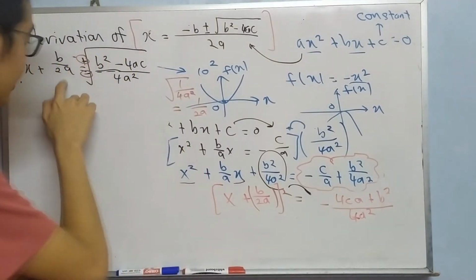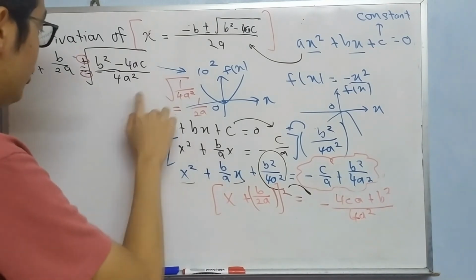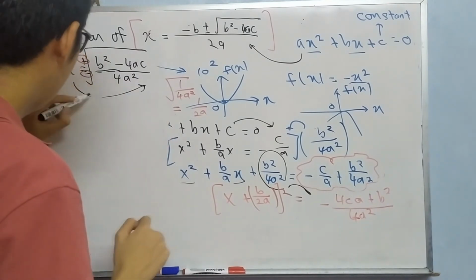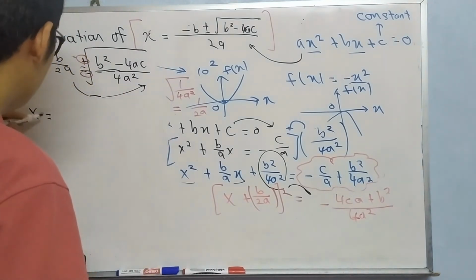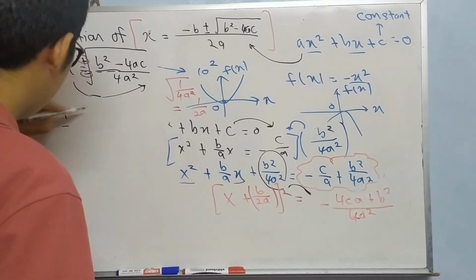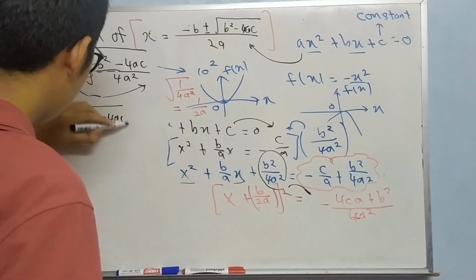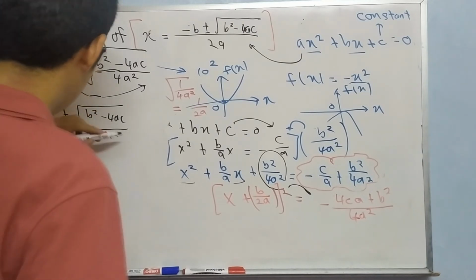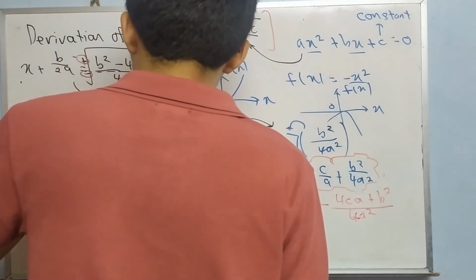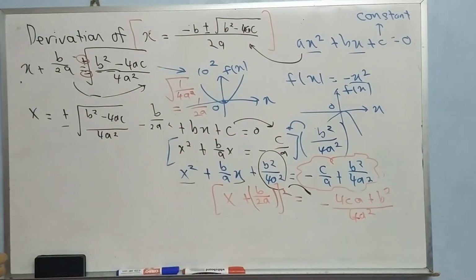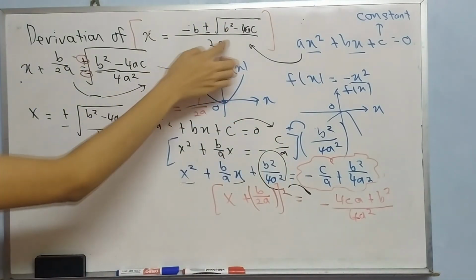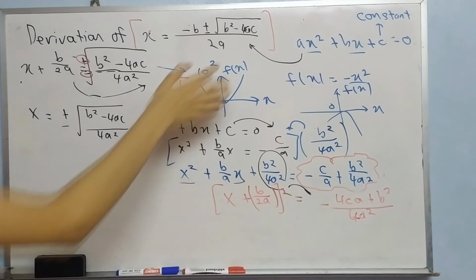Now, I'm going to bring this b over 2a to the other side. x equals plus or minus the square root of b squared minus 4ac over 4a squared, minus b over 2a. Okay, why? When it's combined, it will obtain this.